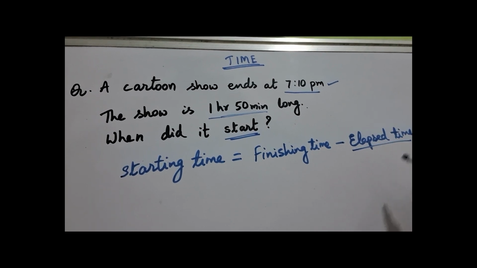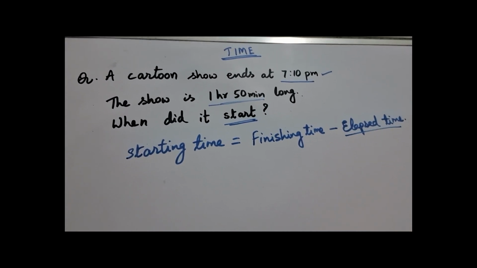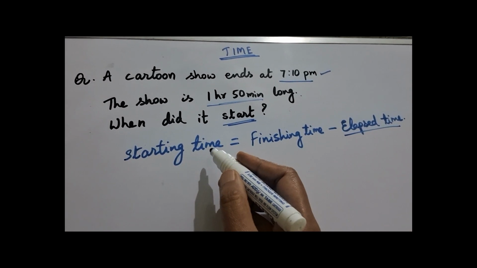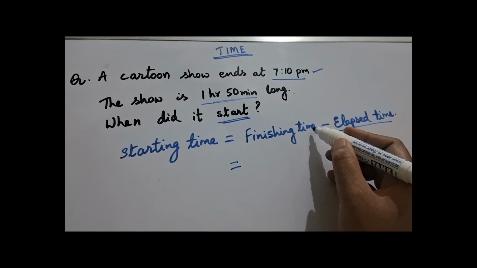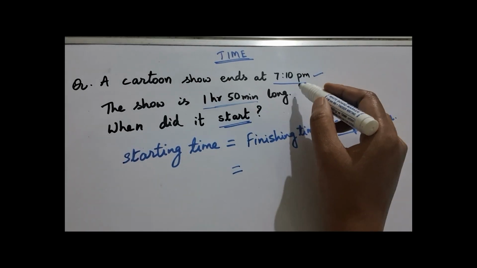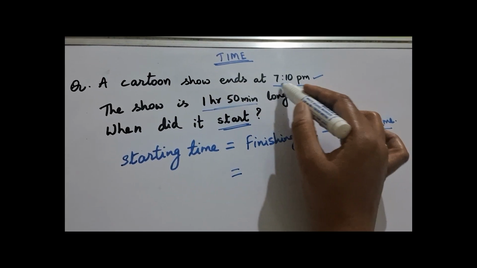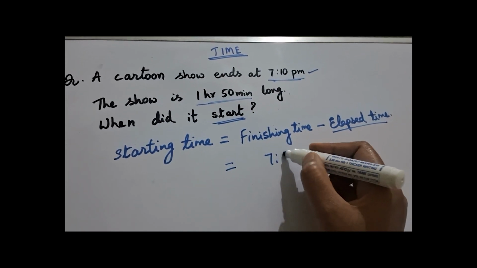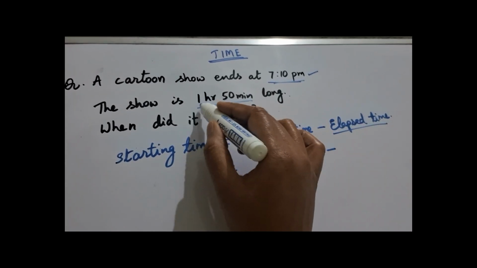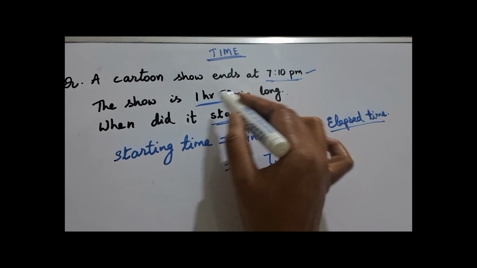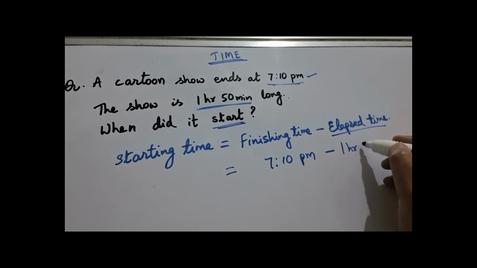Elapsed time is the duration of that. Okay? So here starting time we have to find, children, and what is the finishing time given here? Finishing time is cartoon show ends at, so this is finishing time 7:10 p.m. Okay, minus elapsed time, how long the show has gone, 1 hour 50 minutes.